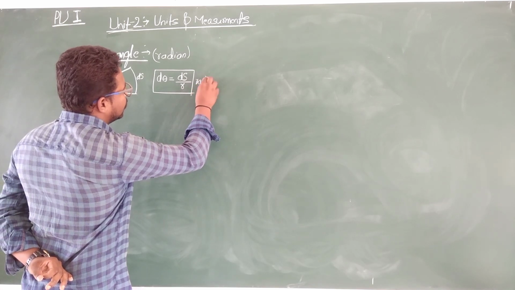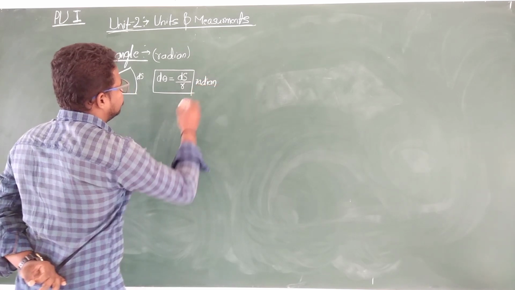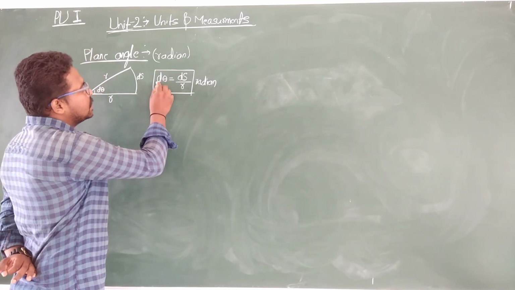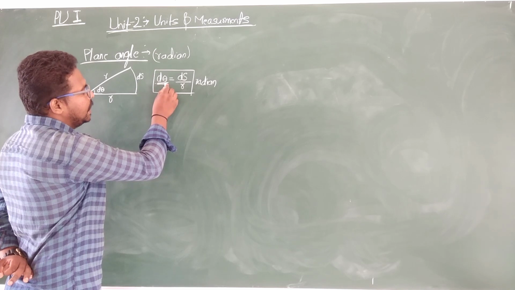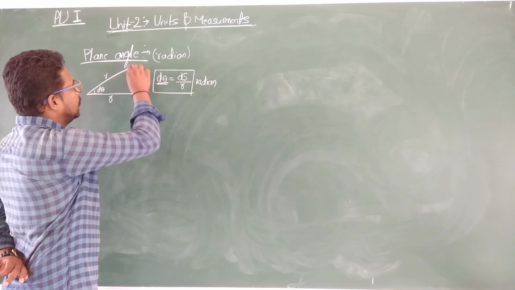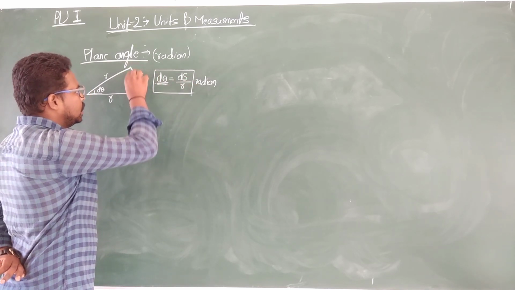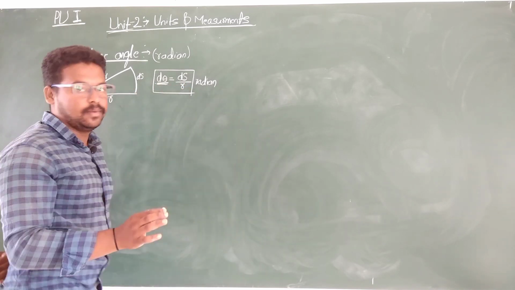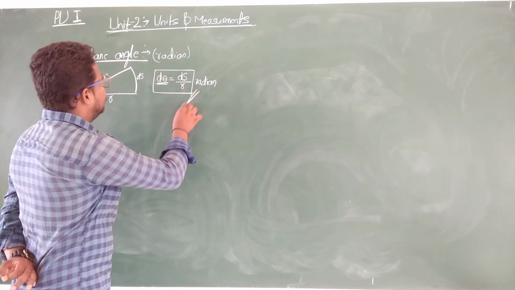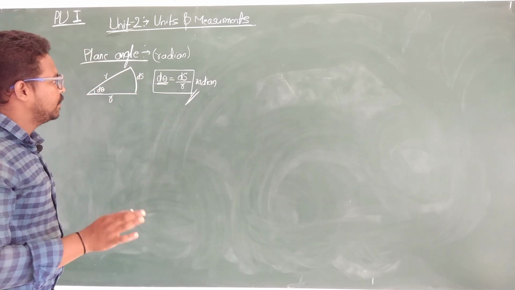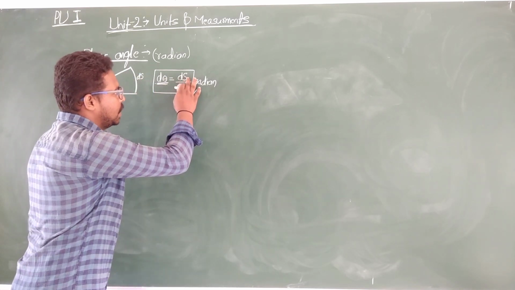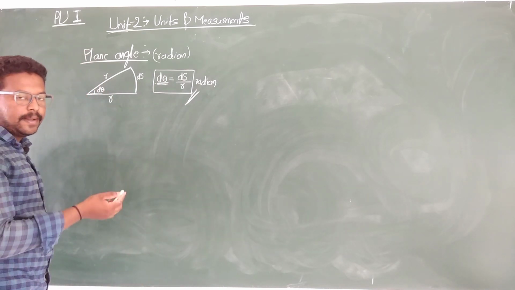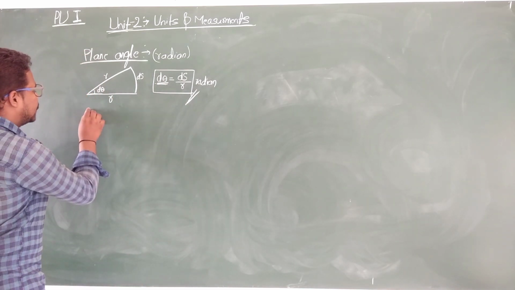It's defined as the ratio of the length of the arc to the radius of the circle. Okay, this is the definition of plane angle. The second supplementary unit is steradian.